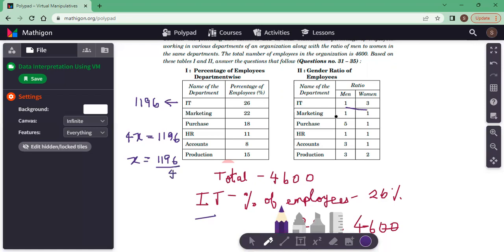That is, we are going to find out the number of men. So 4 2s are 8, balance is 39, 4 9s are 36, again 4 9s are 36. So 299 men work in the IT department.